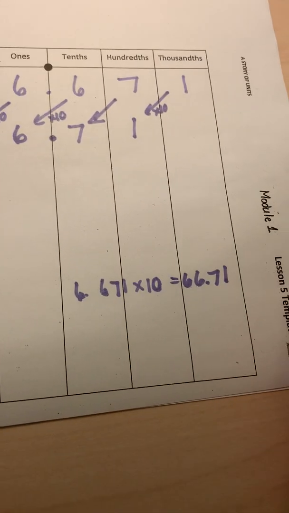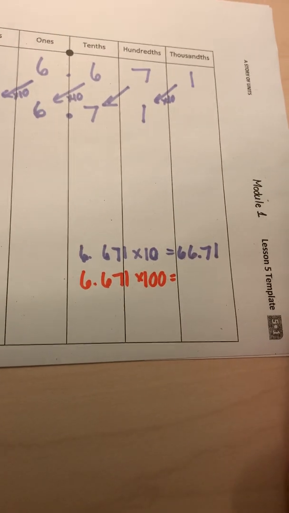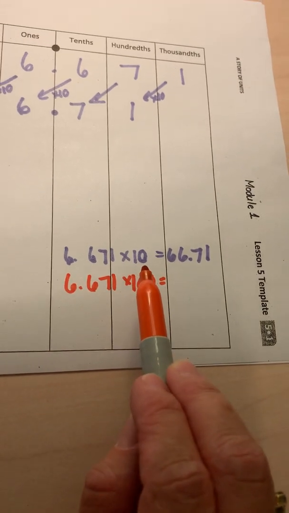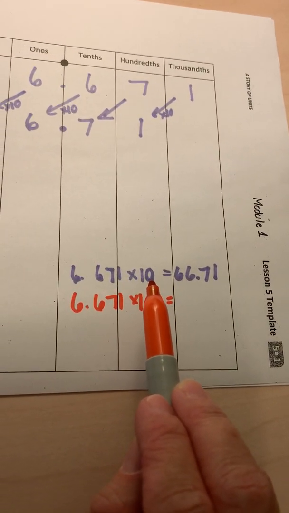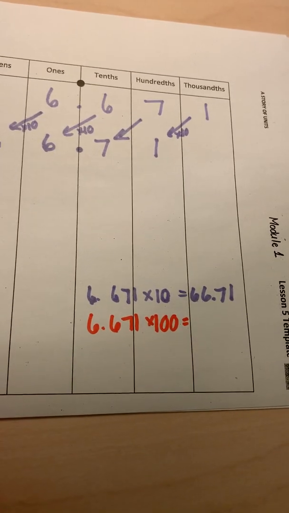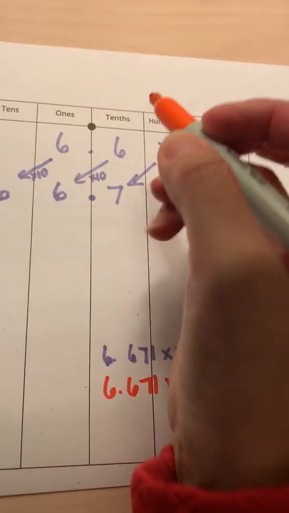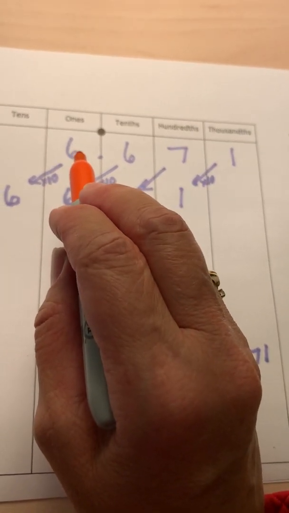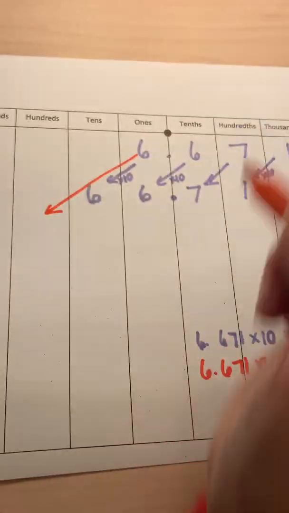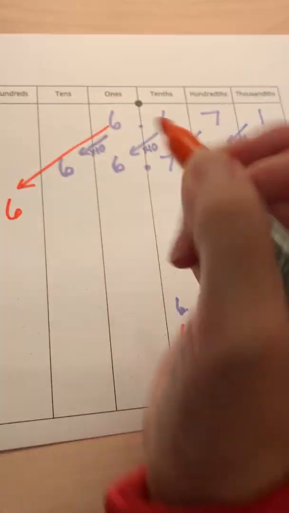And the next kind of problem we learned how to solve was that same number, but we're multiplying it by 100. So I would write down 6.671 times 100. We learned that 100 is the same thing as 10 times 10, or 10 tens. And so, since in the last example we shifted 1 place value, in this example we're going to shift 2. And so we would go back to our original number, and we would say, okay, we have 6 ones. Well, 6 ones times 100 is going to give us 6 hundredths. So we're going to draw an arrow over 2 place values and write our digit. Our digit moves.